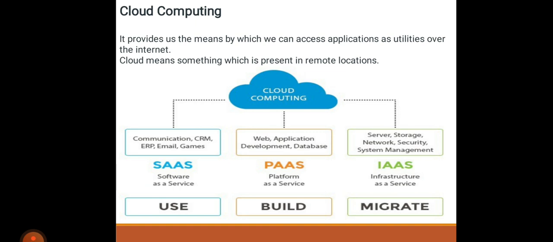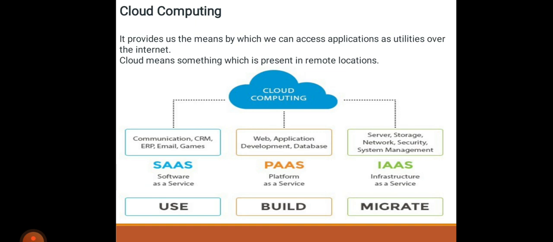With cloud computing, users can access any resources from anywhere, like databases, web servers, storage, any device and any software over the internet. There are characteristics of this, like broad network access, on-demand self-service, rapid scalability, measured service, pay per use. These are the characteristics of cloud computing.